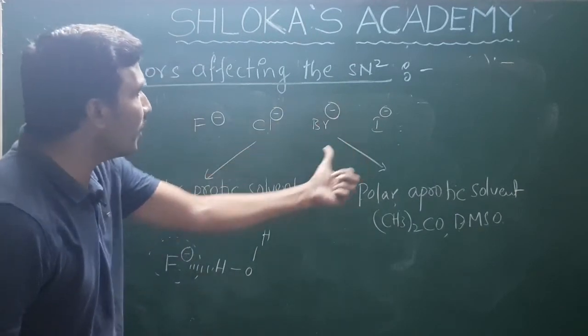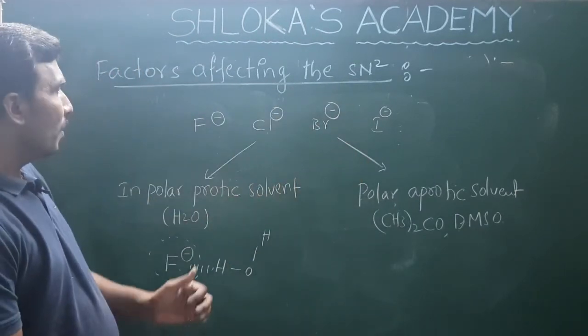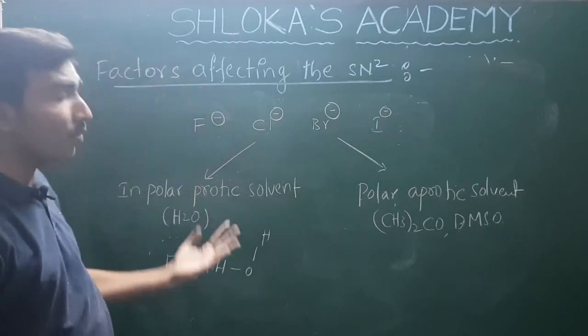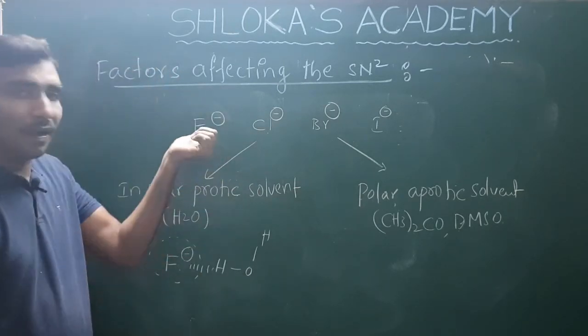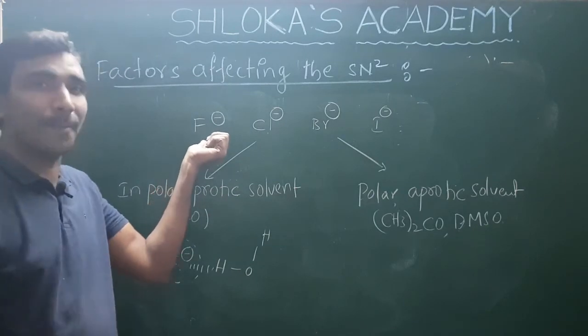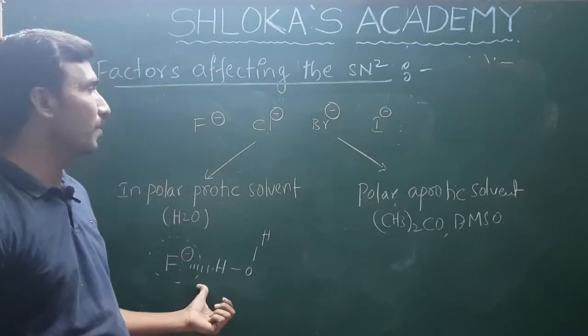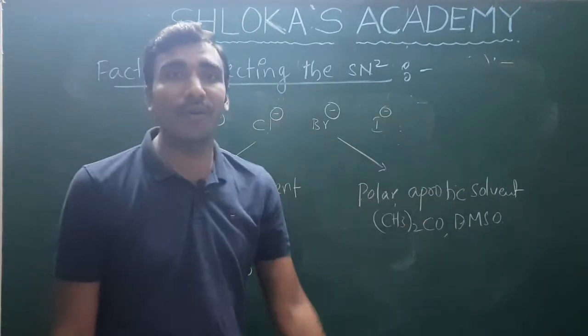Now out of all these halides, what is the capability of these halide ions to form hydrogen bonds with water? Obviously F minus has more capability to form the hydrogen bond because it is more electronegative and small in size than chlorine, then bromine, then iodine.